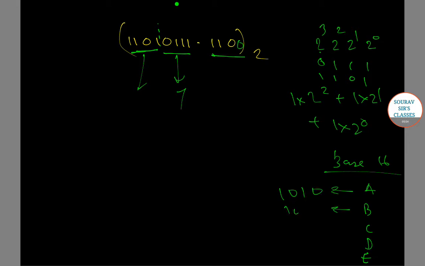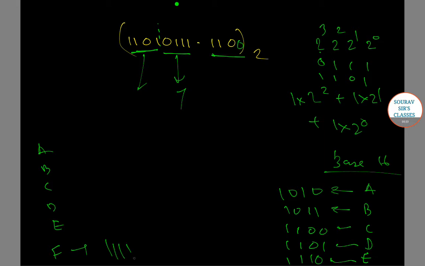This is 1011, this is 1100, this is 1101, this is 1110. And next we have F. So this is A, B, C, D, E and F, and F will correspond to 1111.